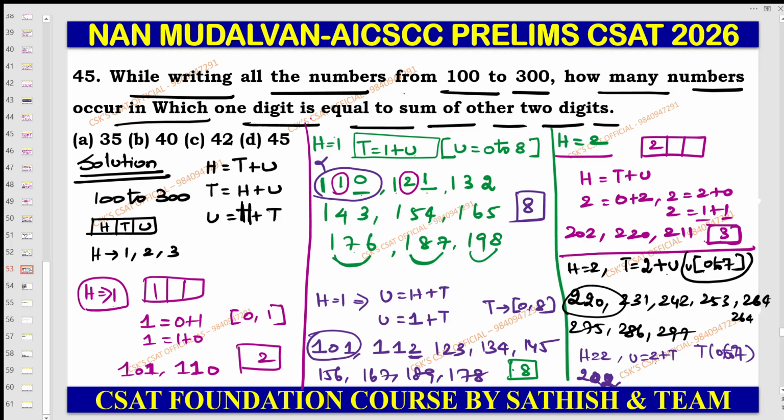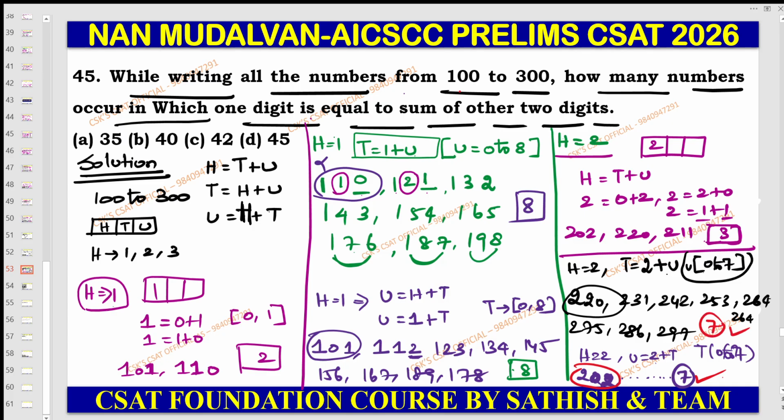Like that, here also you will be getting 7. Due to the time and space constraint, I am stopping here. If you work on that, you will be getting 7. This 202 you should not take, so take 7 here.